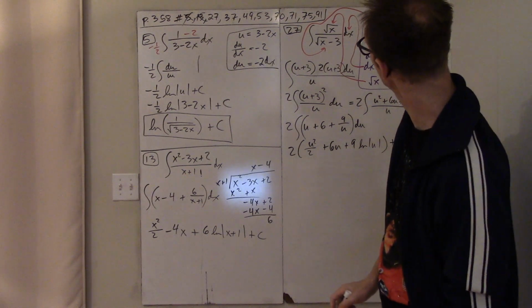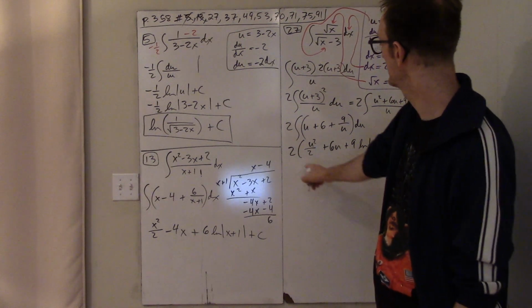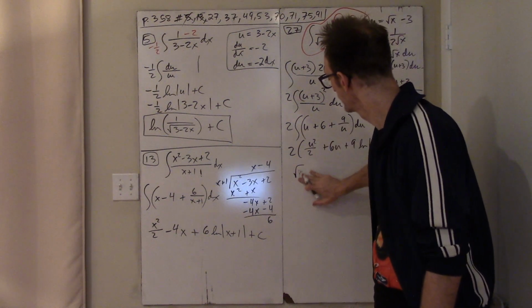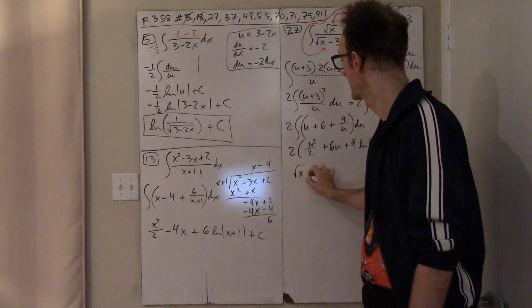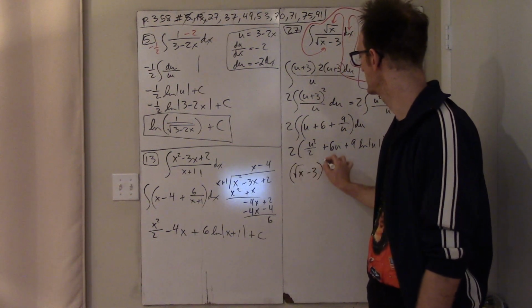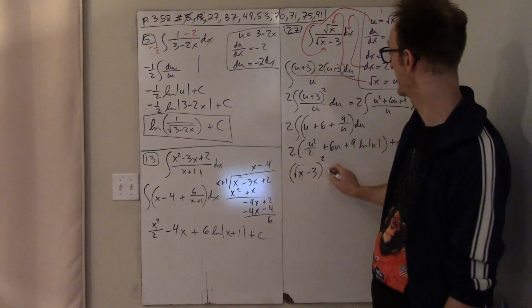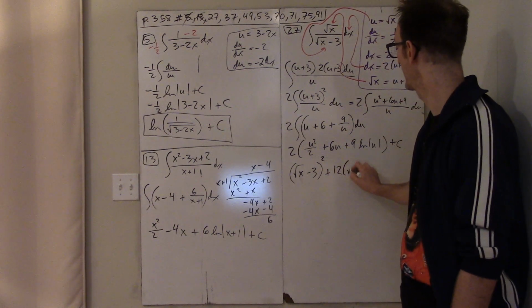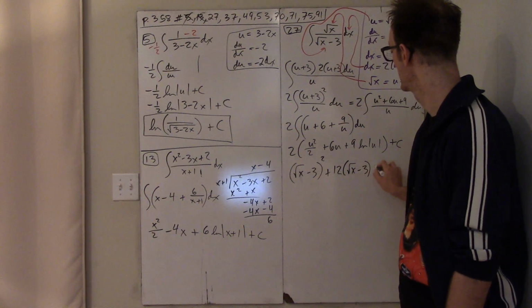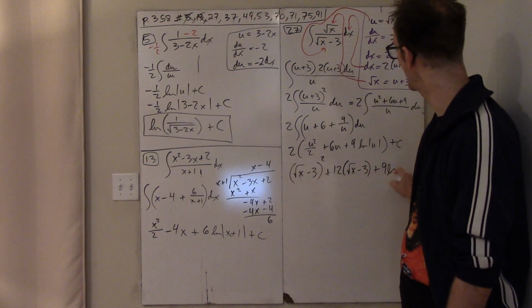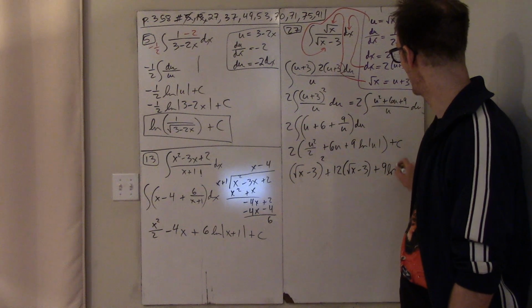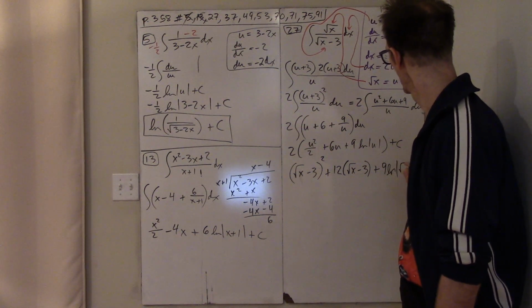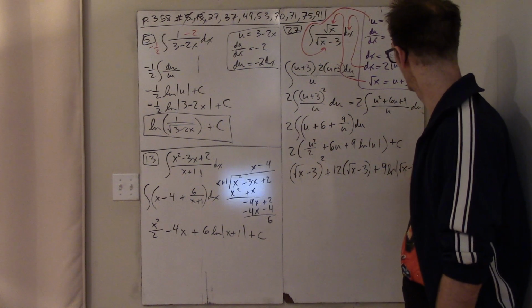So what I get as my final answer is u squared, so root x minus 3 quantity squared from distributing, plus 12u, but u is root x minus 3, plus 9 ln absolute value root x minus 3, plus c.